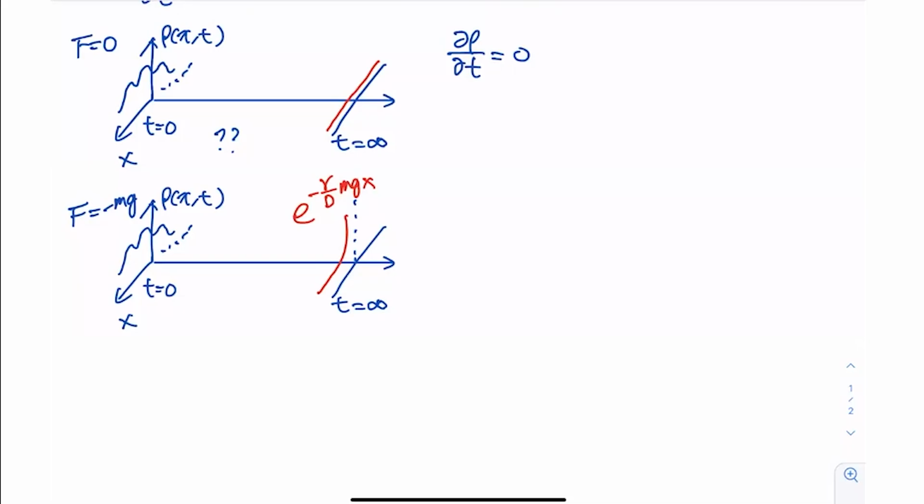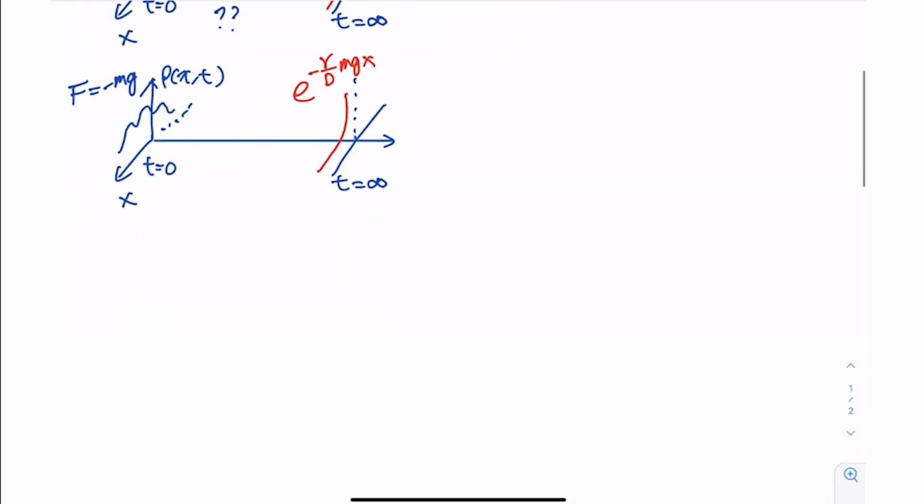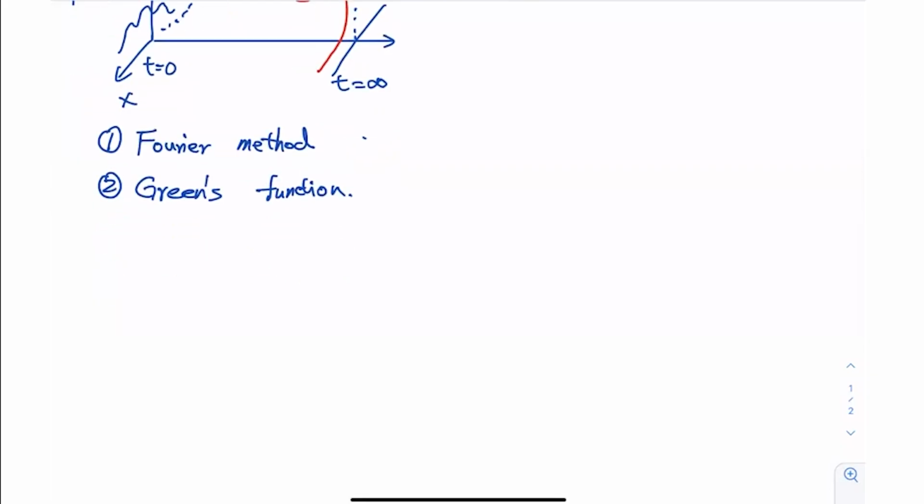That's the question we posed. In our last lecture, we discussed two methods. One is the Fourier method, and at the end of the lecture, I mentioned something related to the Green's function. So today I'm going to review how we use these two methods to solve our diffusion equation again.